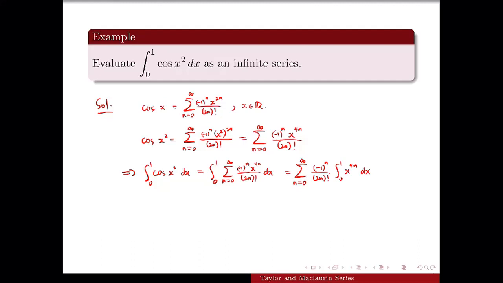So continuing, we will have the sum, and from 0 to plus infinity, negative 1 to the n over quantity 2n factorial times x raised to 4n plus 1 divided by 4n plus 1, evaluated from 0 to 1.